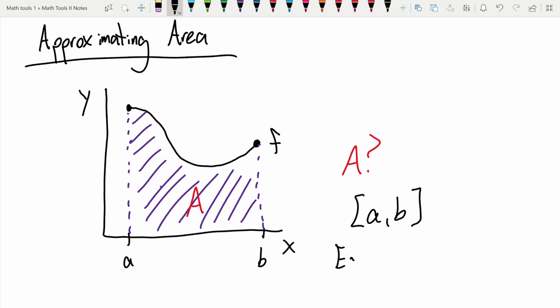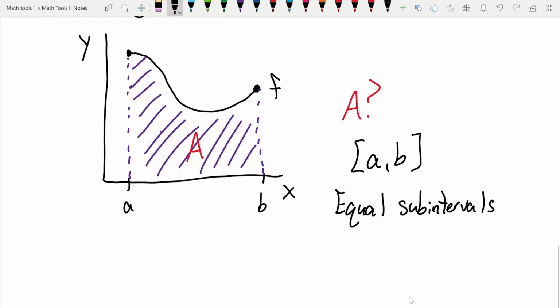So if we want equal subintervals, in other words, if we want to divide this up into rectangles and we want all of those rectangles to have the same width, then we want to divide this interval into equal subintervals.